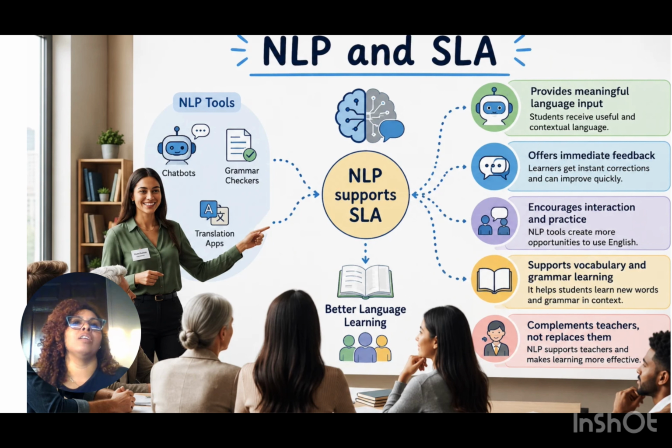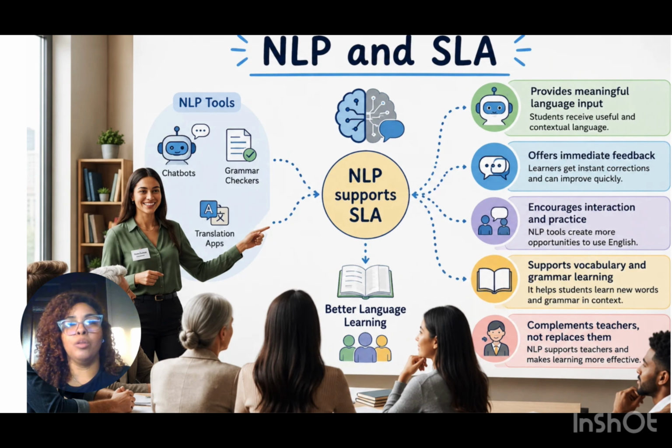Second language acquisition is the process of learning a second language. On the left, we can see different tools we can use in natural language processing, such as chatbots, grammar checkers, and translation apps. These tools help students practice effectively in different ways.